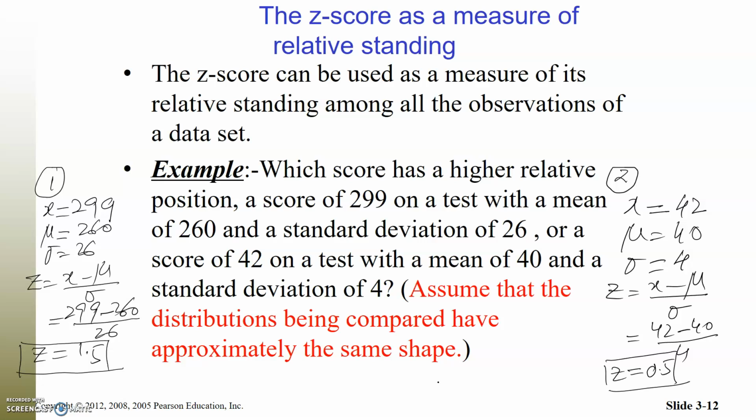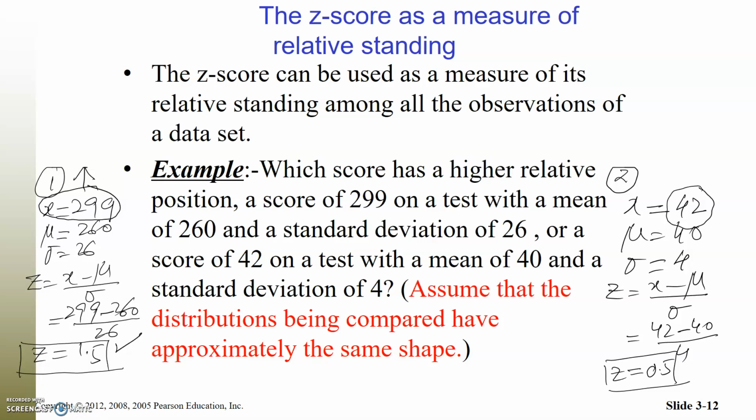Now, in order to decide which score has a better relative standing, we have to compare the two z-scores. The larger the z-score, the larger the relative standing. Note that here z is 1.5 and here z is 0.5. This z-score is larger. So the score of 299 has a higher relative standing compared to a score of 42.